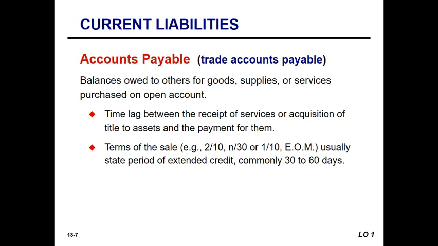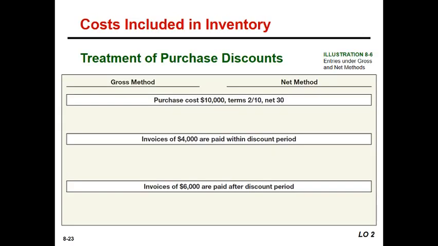This is going to say whether or not there is a purchase discount. When there is a purchase discount at play, which we talked about in prior classes, we then need to determine whether or not the company is using either the gross method or the net method.